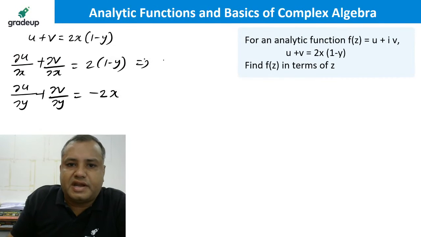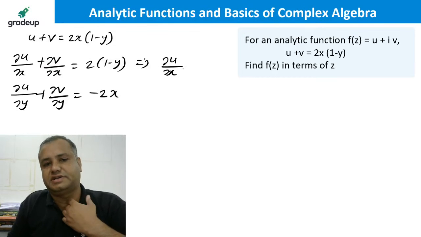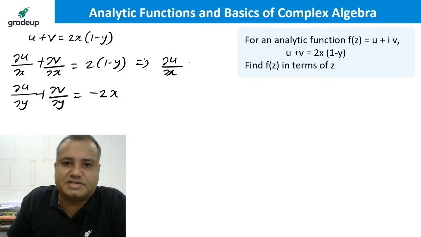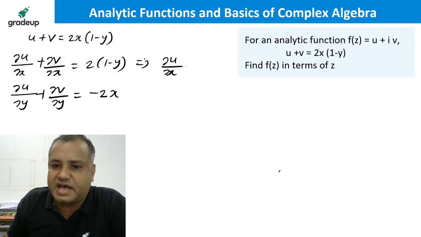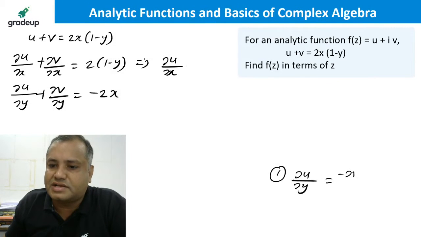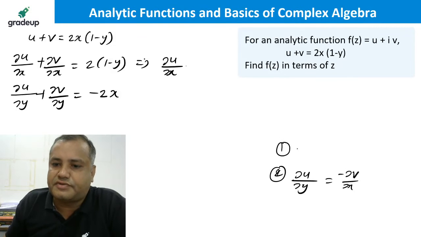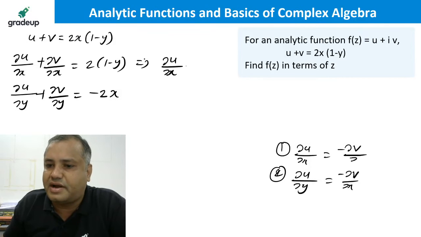Now del u by del x stays as it is, and del v by del x is replaced using the Cauchy-Riemann equations. What is the CR equation? Del u by del y equals minus del v by del x. This is the second equation. What is the first equation? Del u by del x equals del v by del y.